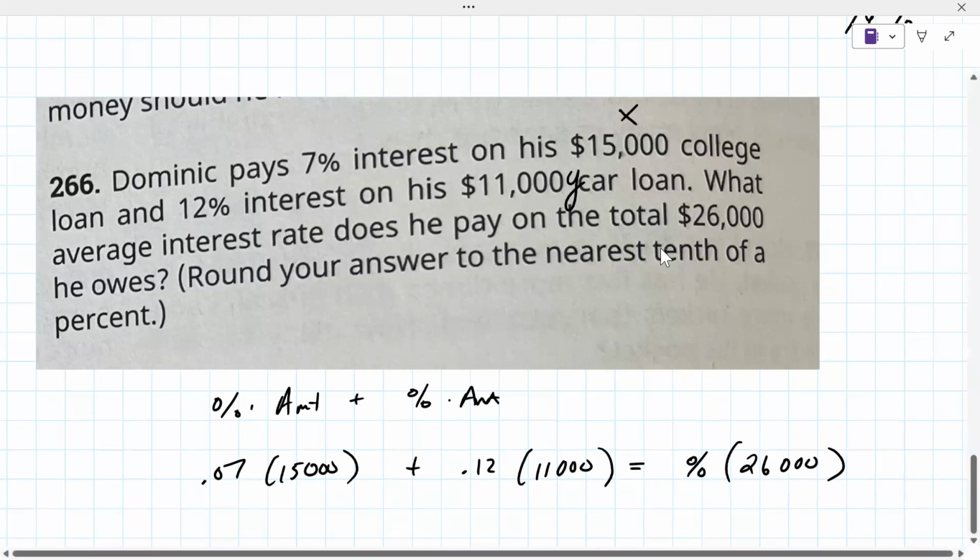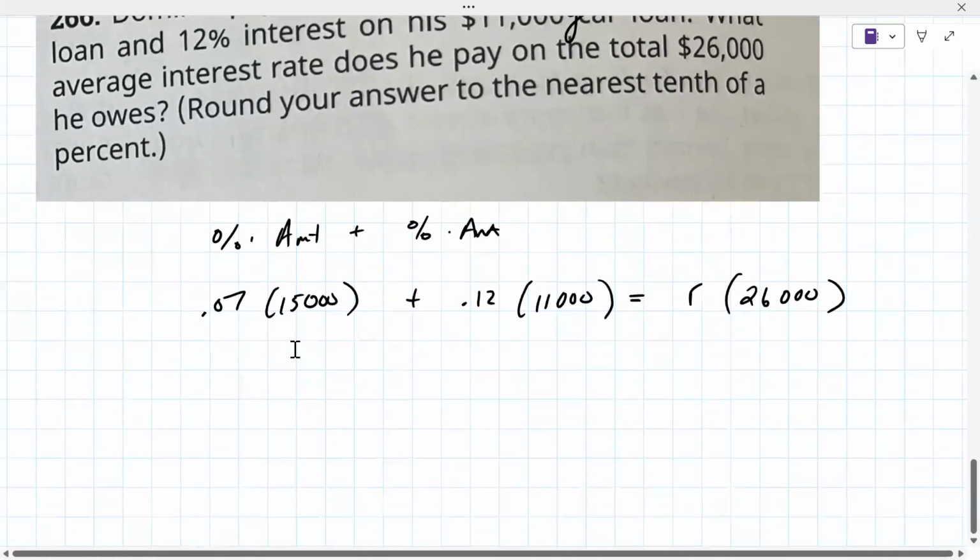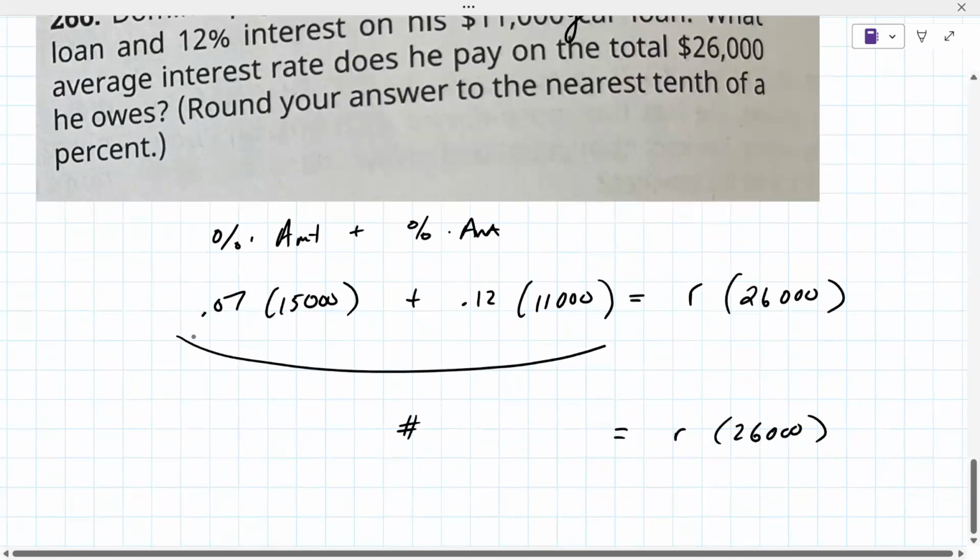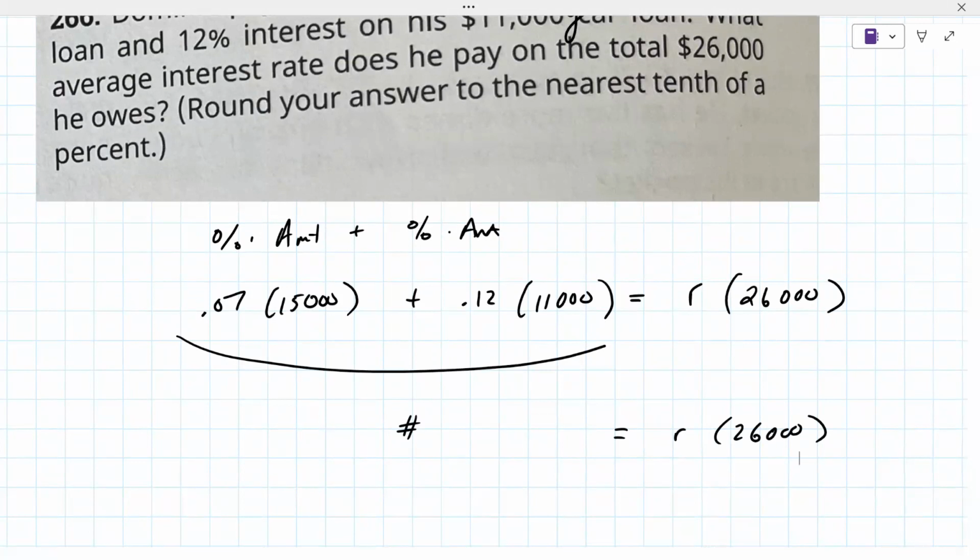The variable here, and you can switch to another letter if you want, I would call it r. But you can see it's actually not that complicated. You get this number on the left, whatever that is, we'll get that in a moment, equals r times 26,000, and then you just divide by 26,000. So we have to just multiply these and add them up.